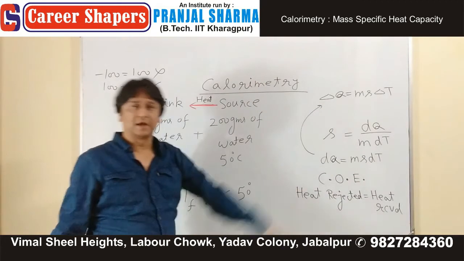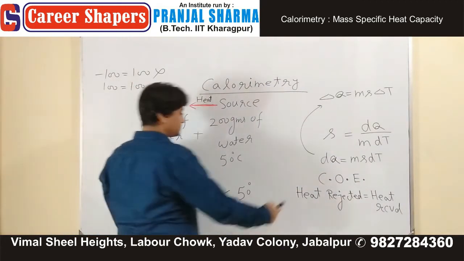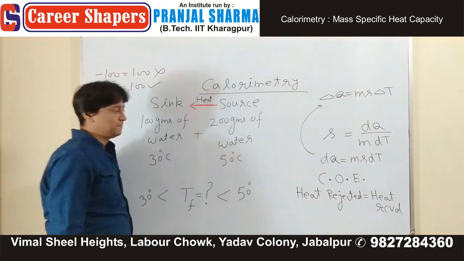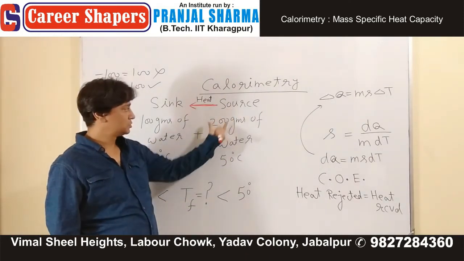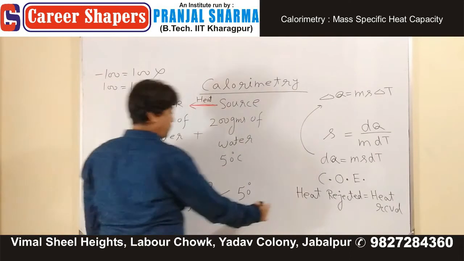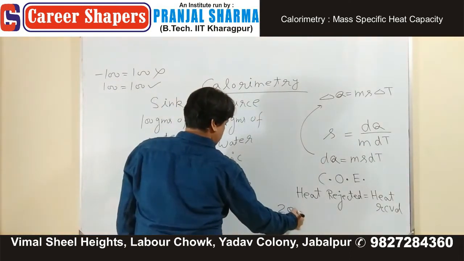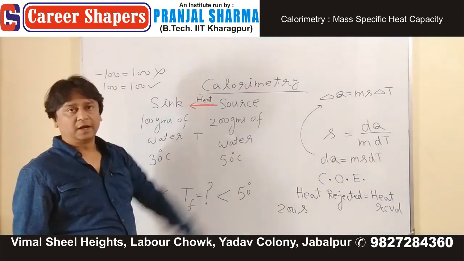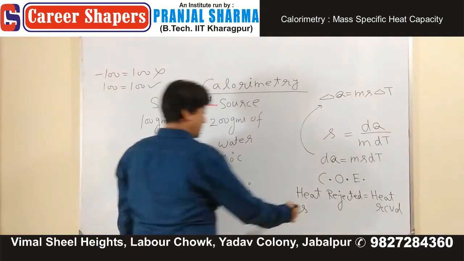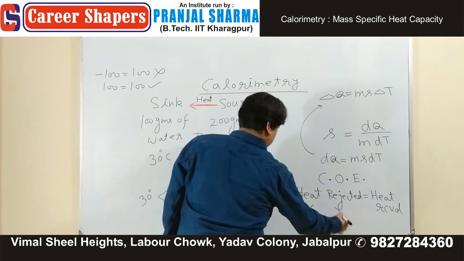अब यहां पर देखना, एक लाइन की कहानी है. What is the mass of the one which is rejecting the heat? Source 200. Specific heat S. dt. Normally dt is what?